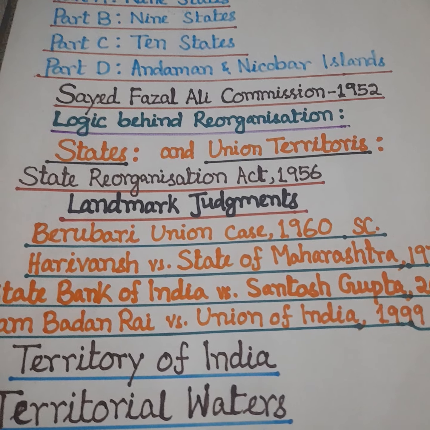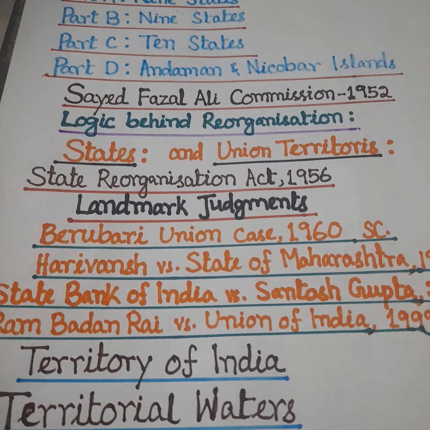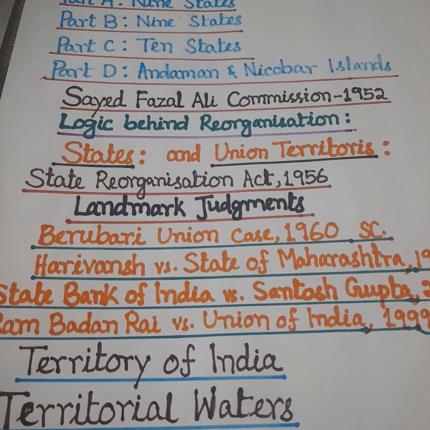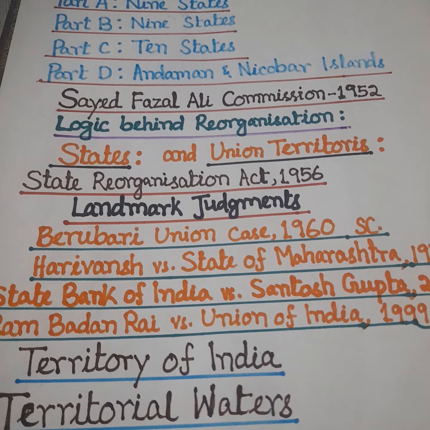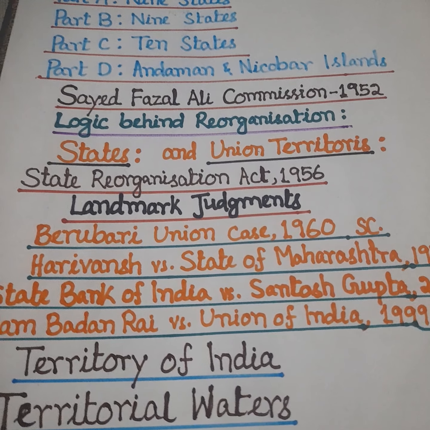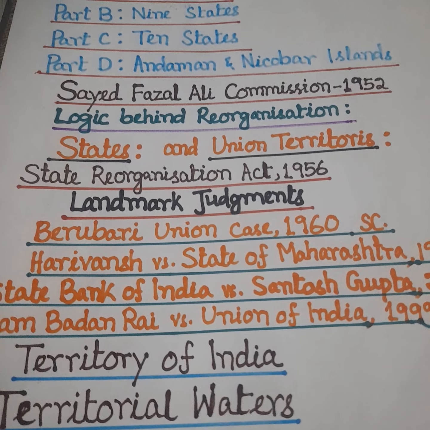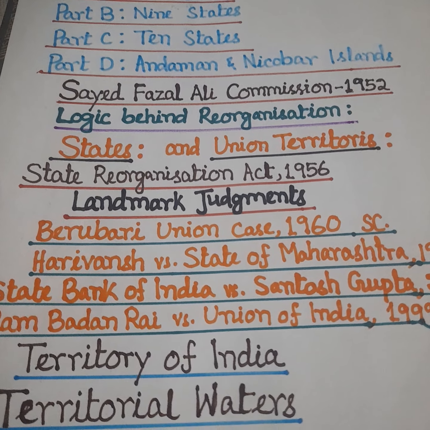So, in furtherance of that, the 35th Constitutional Amendment made it an associate state of India. And finally, under the 36th Amendment Act, it became the 22nd state of India.